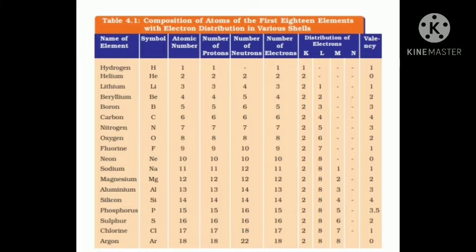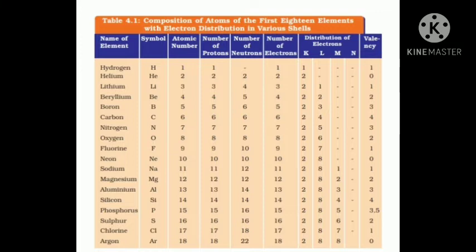Phosphorus, symbol P, atomic number 15. So the number of protons and electrons are 15. The neutrons are 16. Distribution of electrons 2, 8, 5. So the number of electrons in the outermost shell, that is the valence shell, is 5.